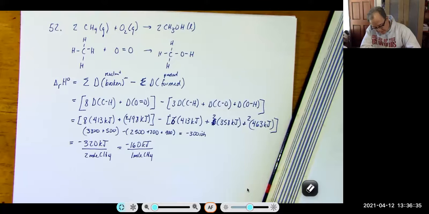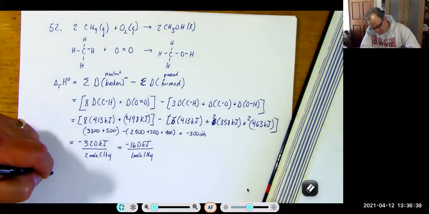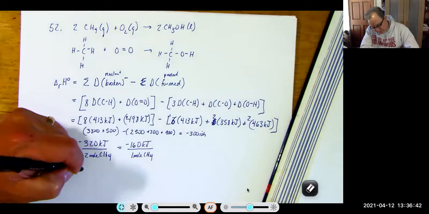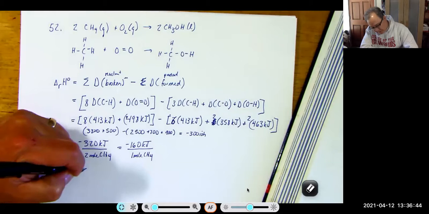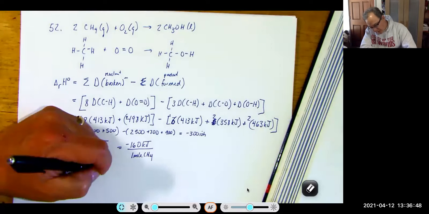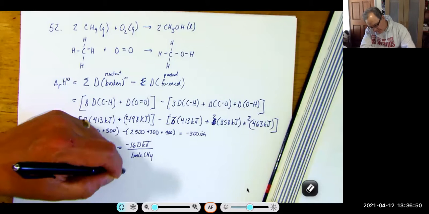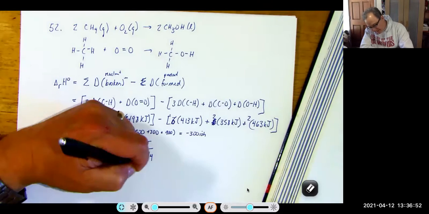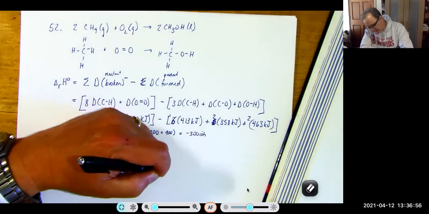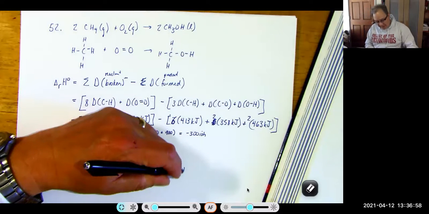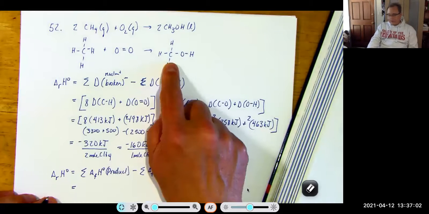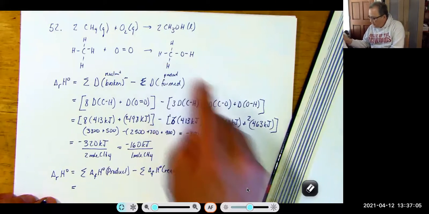And I believe when we did this using the sum of the enthalpy of formation of the products minus the enthalpy of formation of the reactants. This is where we kind of did it backwards, but the products would be the CH3OH.